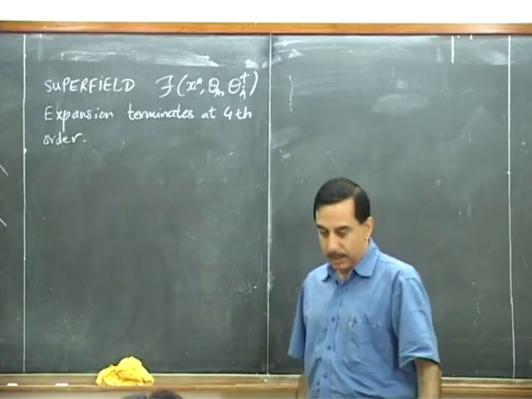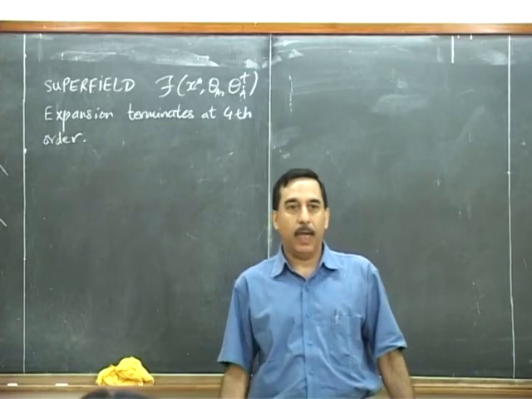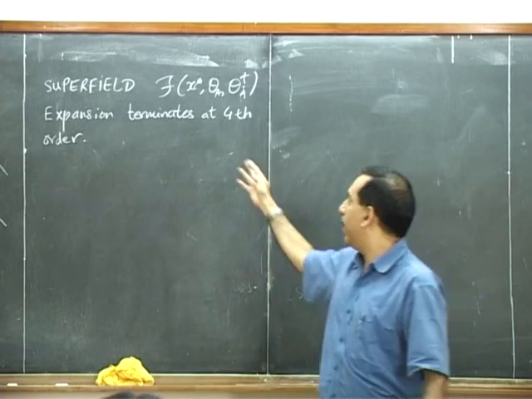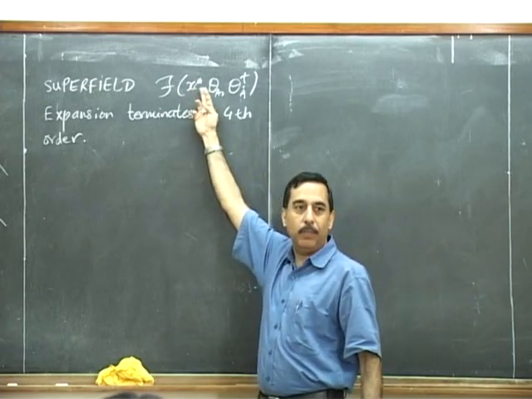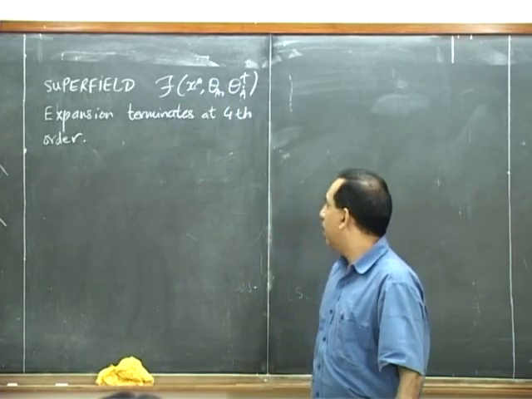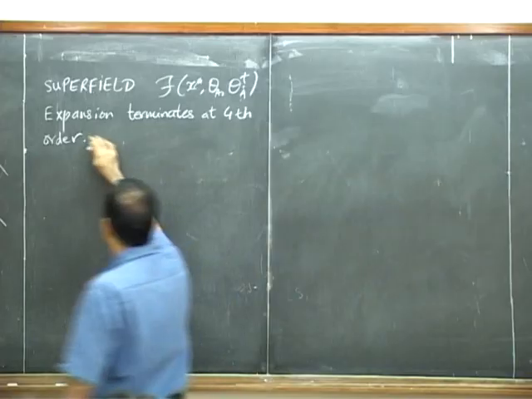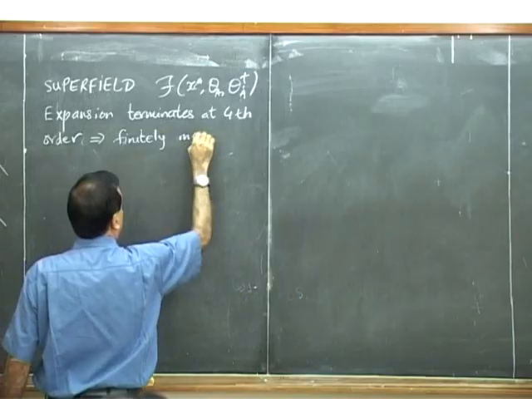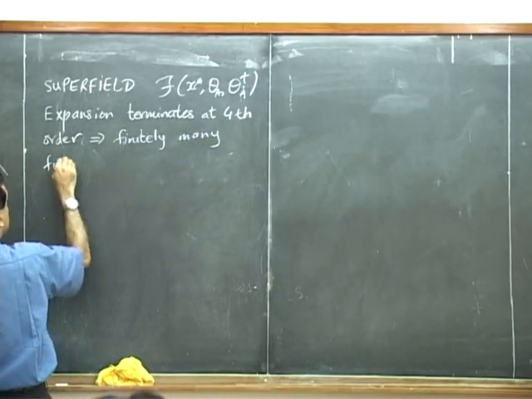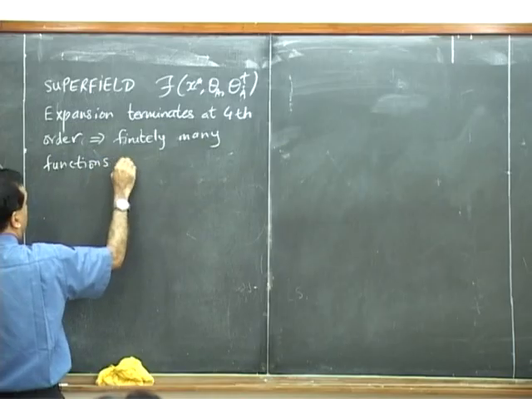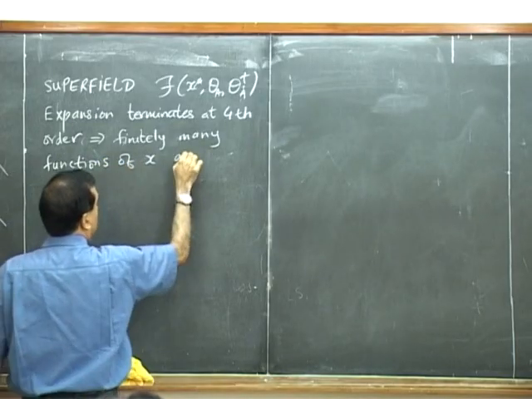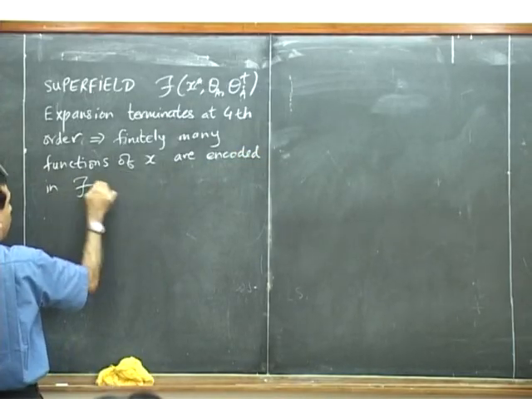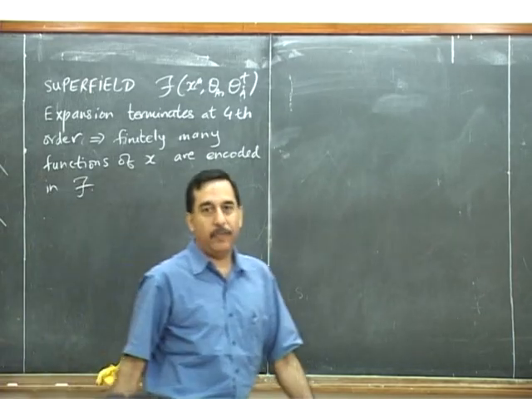Now that means that when we carry out the expansion, the coefficient of each order in theta is a function just of x, because what we are doing is we are not expanding around any point in x, only about theta, and therefore we find finitely many functions of x are encoded in f. Function of x is the same as an ordinary field.